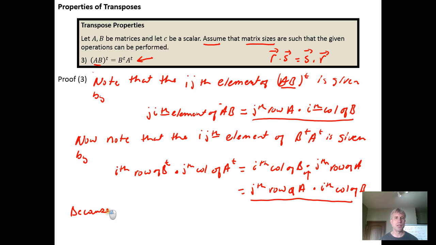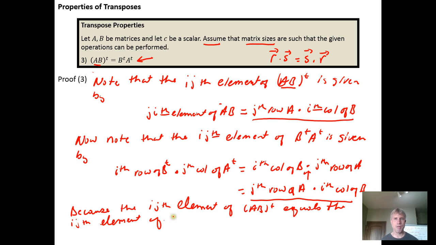Because the arbitrary ijth element of (AB) transpose is the same as the ijth element of B transpose A transpose, we can draw our conclusion that (AB) transpose is the same as B transpose A transpose.